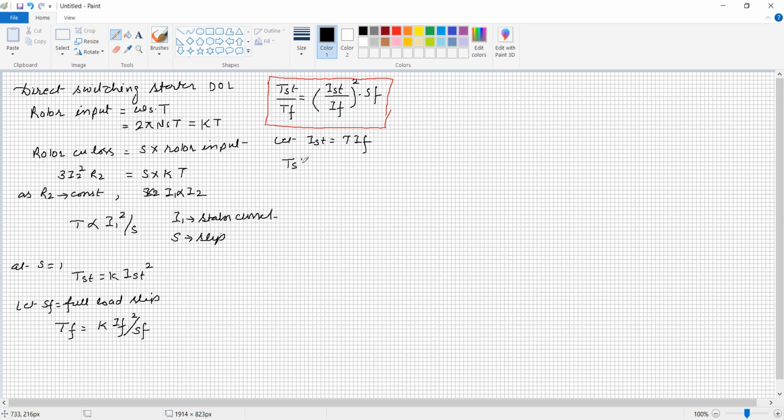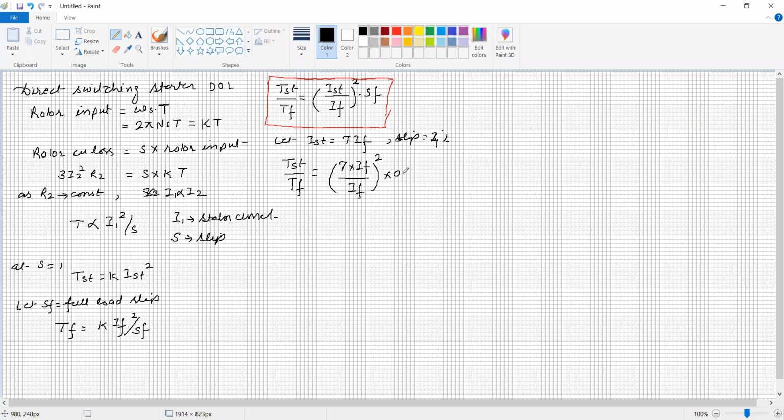So starting torque upon full load torque is equal to, starting current is 7 times full load current, so 7 times full load current divided by full load current, bracket square. Let the slip be equal to 3%. Generally it is 3% or 4%. Okay, we will take 4%.